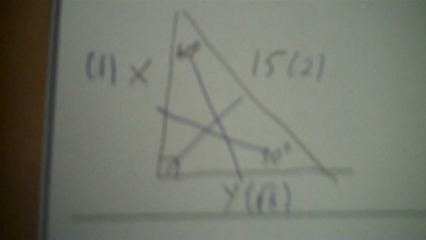Now we could make some predictions here, okay? I mean, I'm guessing, you know how 1 is half of 2, okay? I'm guessing x is half of 15, okay? I mean, that's like a generalization. So with x, put your x over your 1, and then put your 15 over your 2, okay?